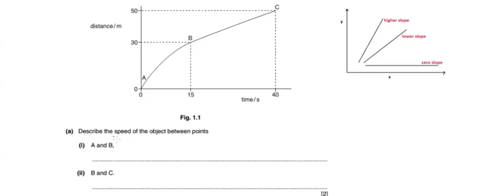So they are asking about the speed, and we know that in a distance time graph, the slope is nothing but the speed. Okay, so we have to decide between A to B and between B and C. From A to B we have to determine the nature of the slope, and the nature of slope itself is the nature of the speed.